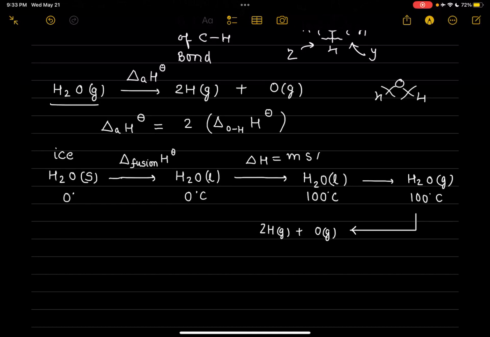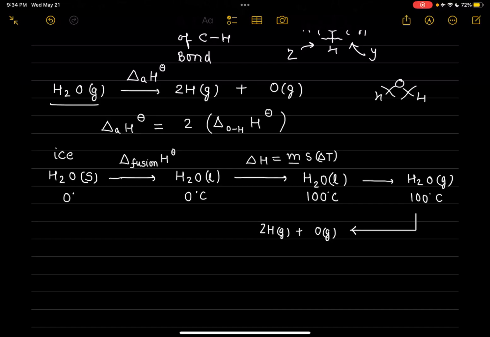For this, it is per unit gram for 1 degree rise in temperature. So for 100 degree, the change in temperature is 100 degree. You will write the mass of water: if it is 1 mole, 18 gram; 2 mole, you will write 36 gram, and a specific heat will be given to you.